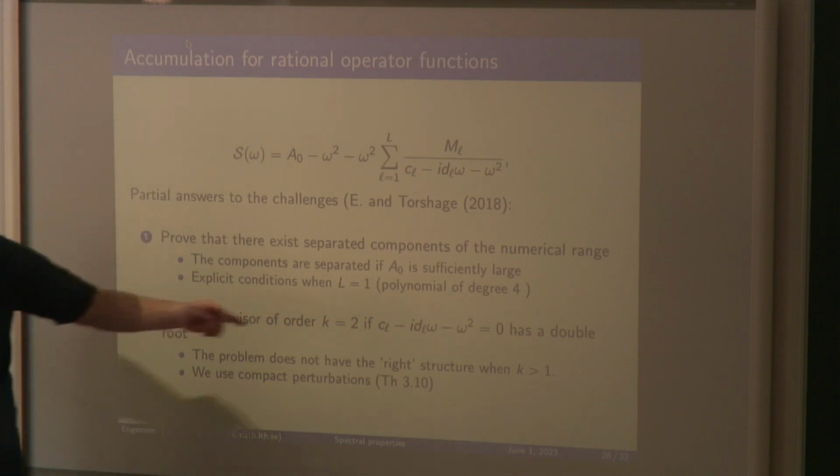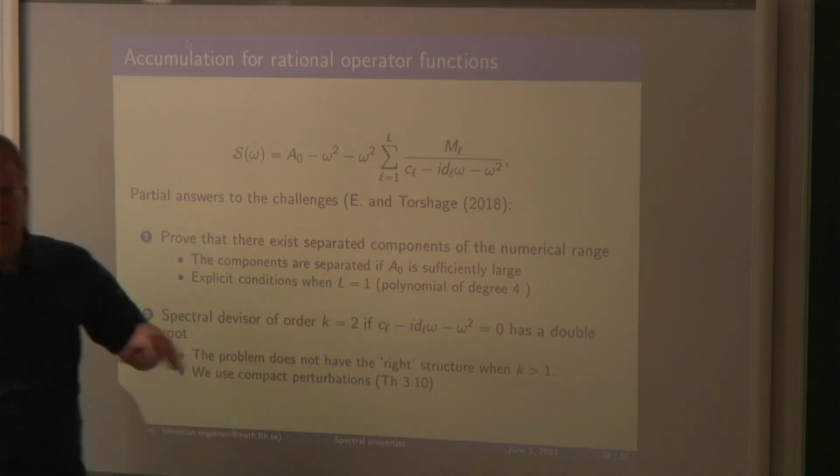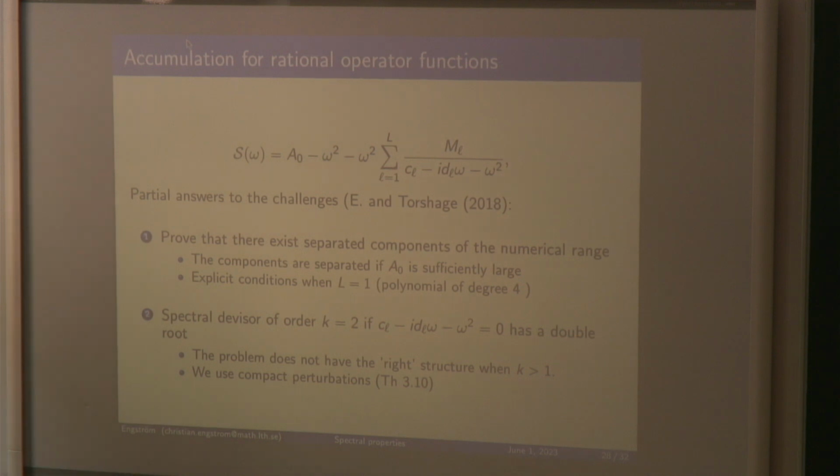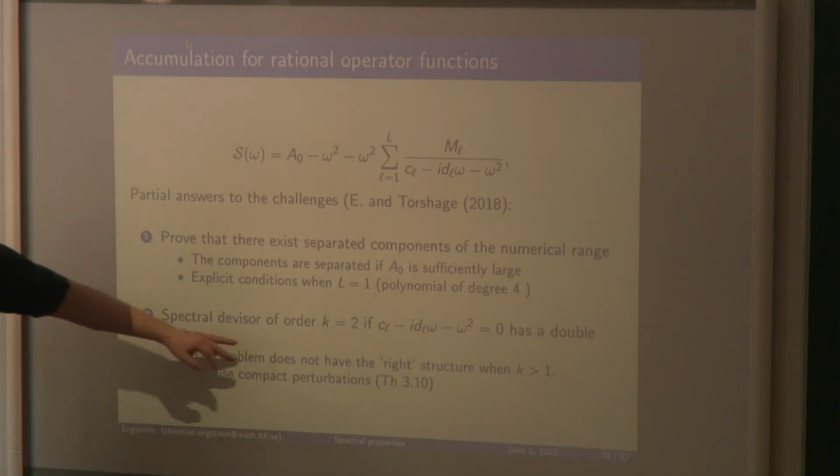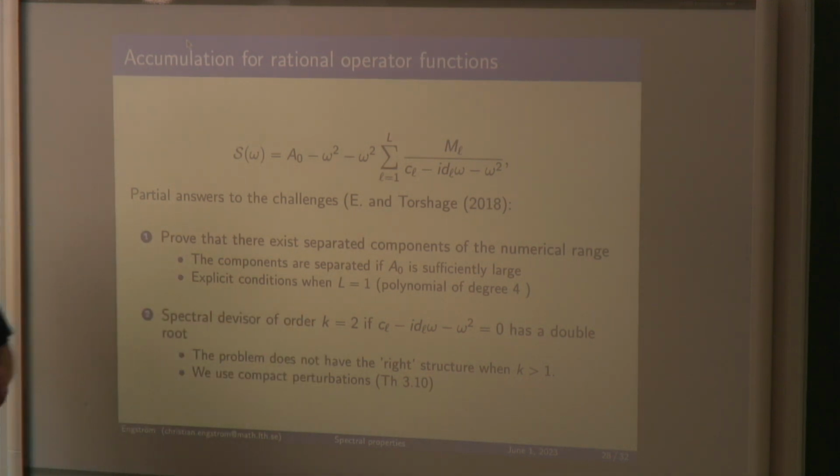Then we still have a polynomial of degree 4, and when you multiply, you still have a little bit nasty calculations in front of you. So we could also prove it for k equal to 2 or larger by doing some compact perturbation argument.